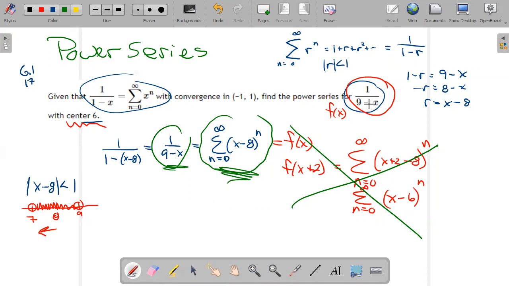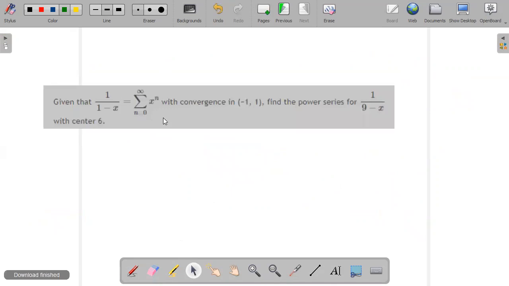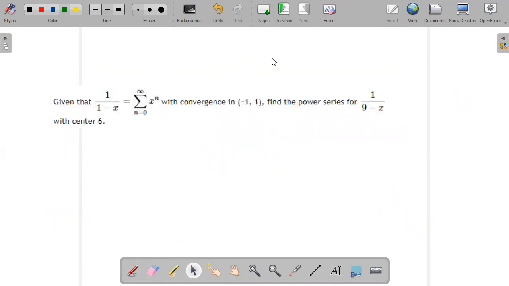Then rewriting this, okay, so I need a new page to do this. This is getting messy. I see it. All right. So we got to incorporate the center first before we do anything. So what I really want, let's see, is I need this to look like a minus x minus 6. That will give me the center at 6 I want.